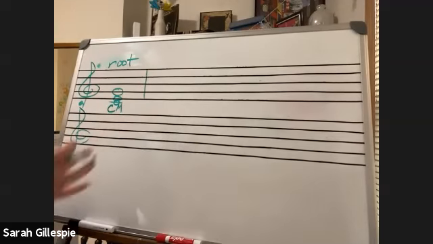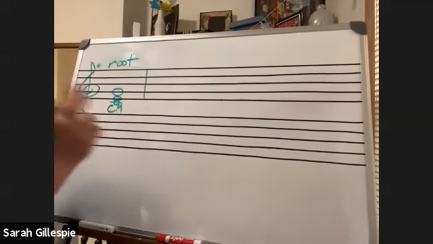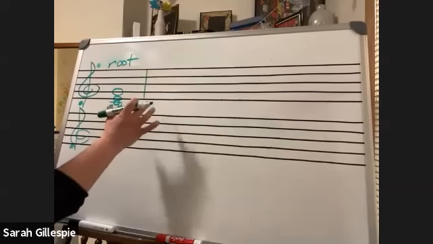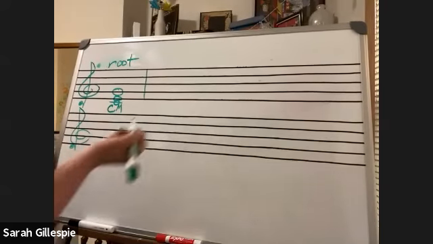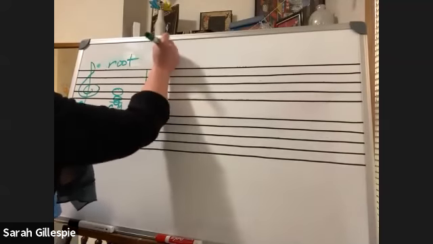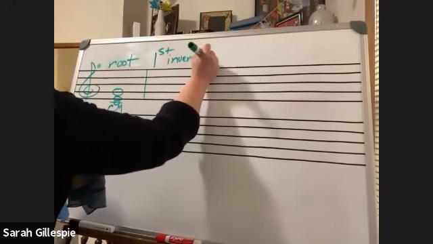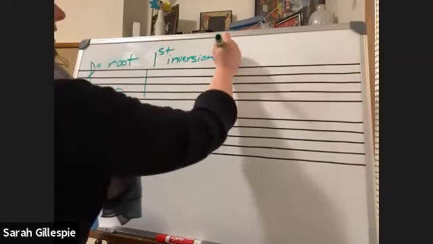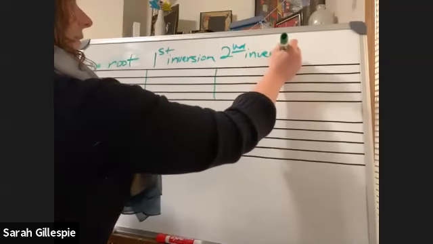So we sometimes do what's called inverting chords. There are two inversions that triads have, because once we rotate them through two inversions, we're back at root position. So first inversion, and then we also have second inversion.